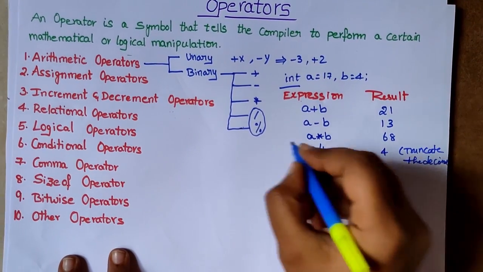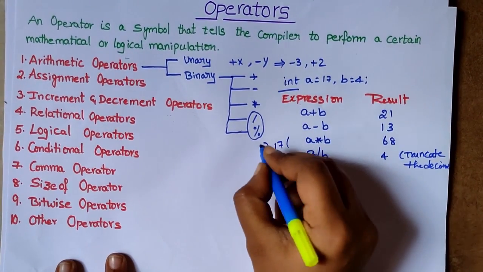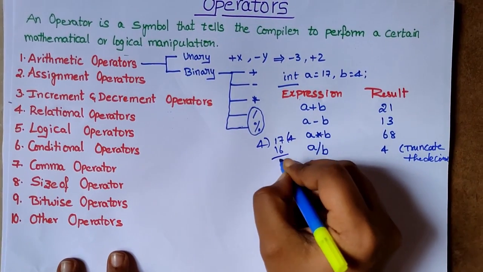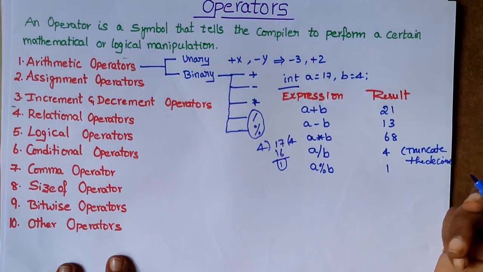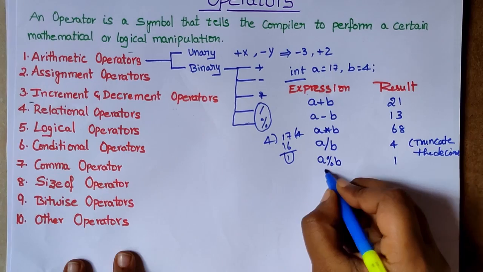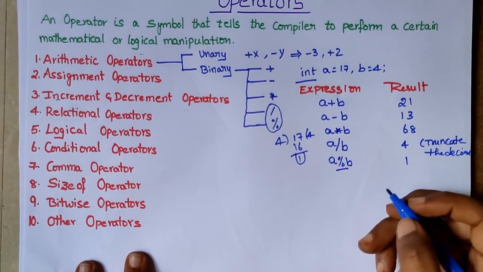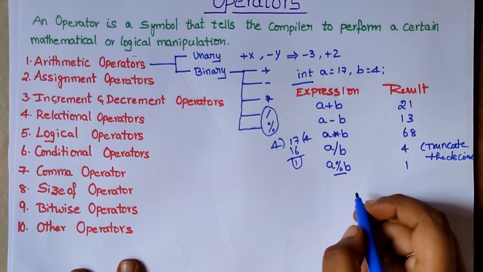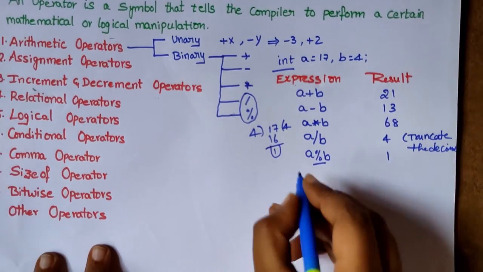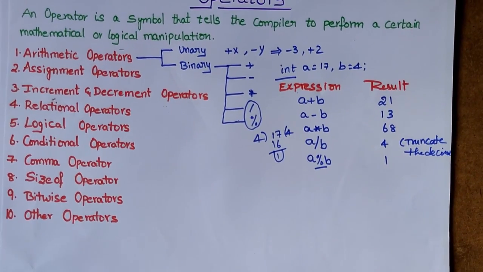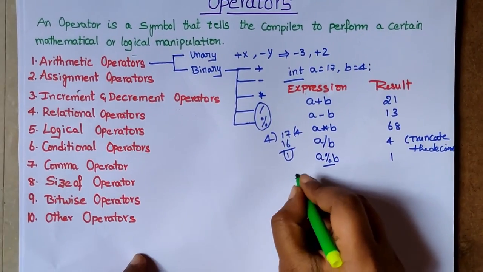Suppose 4 times 4 is 16, the remainder is 1, so the result is 1. And one more thing, we can't use the modulus for floating numbers.